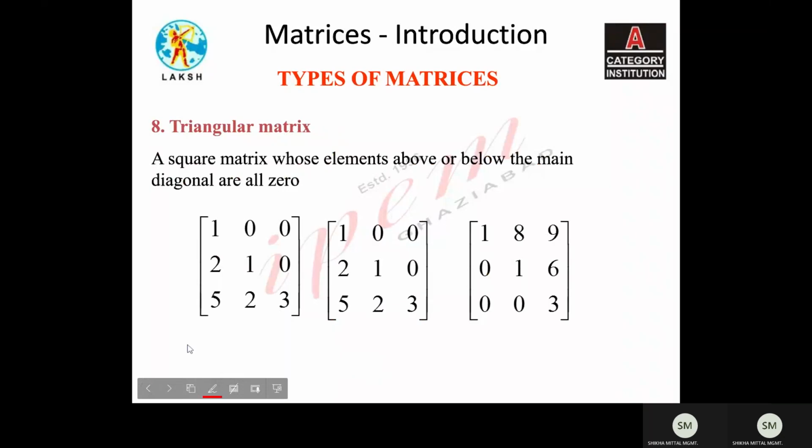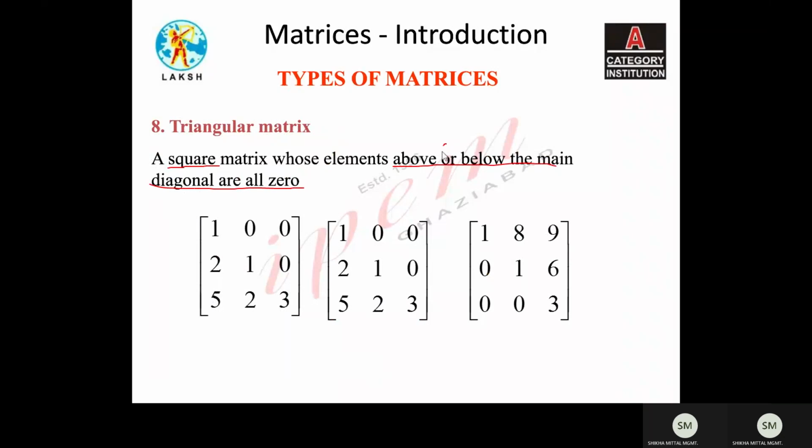The next type of matrix is triangular matrix. A square matrix, so the matrix again should be a square, that is, the number of rows is equal to the number of columns, whose elements above or below the main diagonal are all 0.